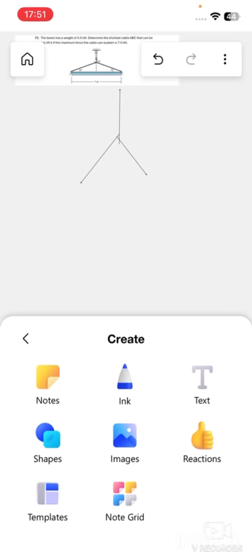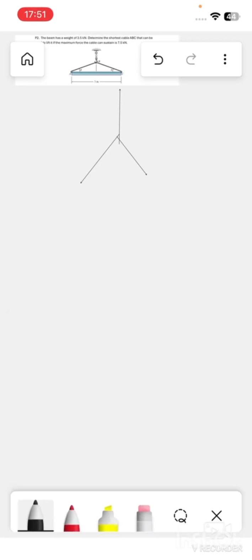Therefore, we're going to name them. This is the tension force of BC. This is 3.5 kilonewton. This is AB, this is TAB.